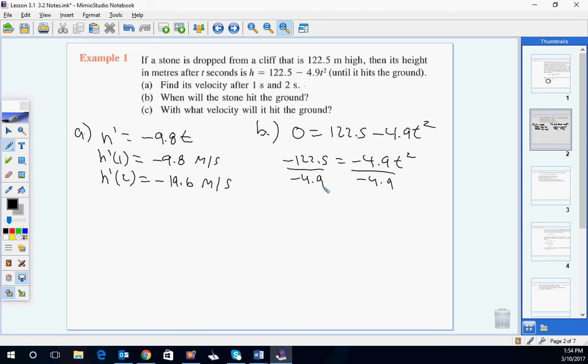I think that I got 25. And then you square root. T is plus or minus 5, but time can only be positive. So at 5 seconds, it's going to hit the ground.